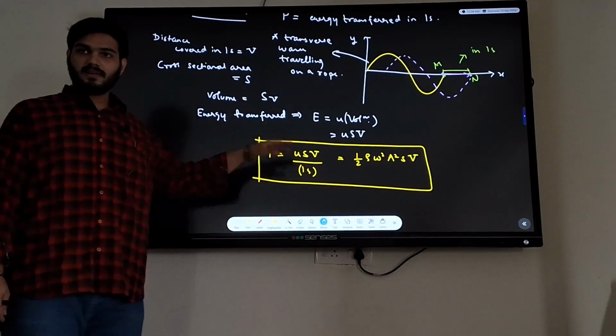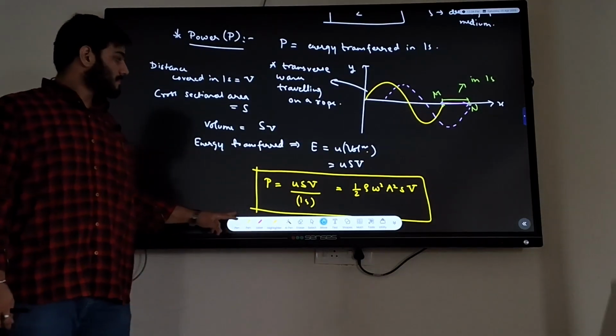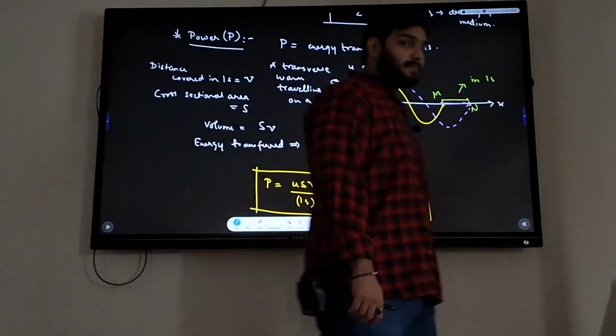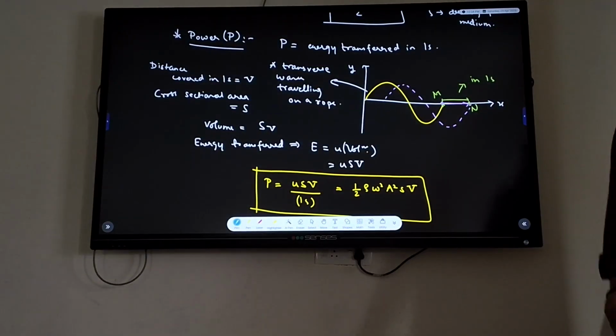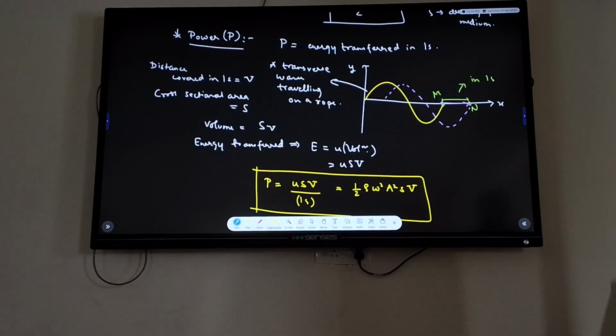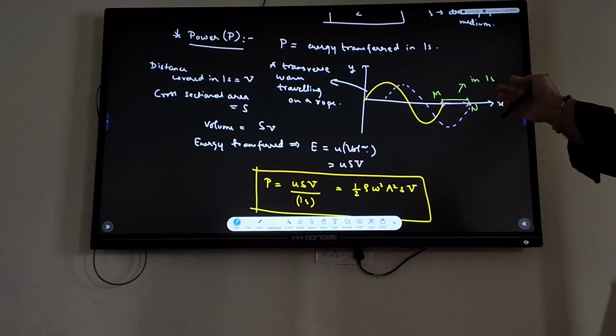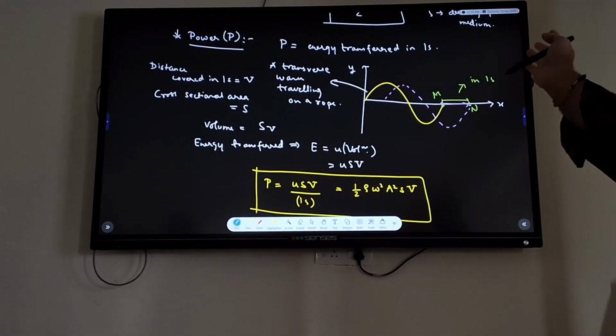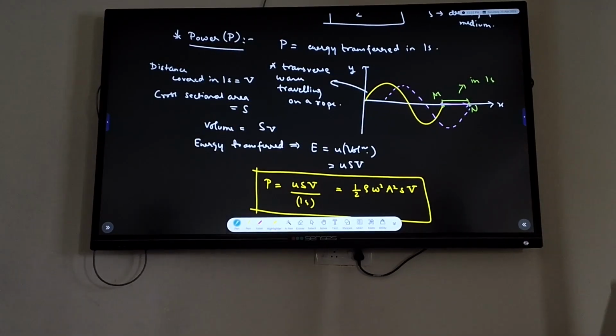Everyone has written up till here? This is the power delivered, or the energy transferred in 1 second by one oscillator to other oscillator. Please remember, even though I took a very special example of a transverse wave traveling through a rope, the formula applies even for a longitudinal wave, to any kind of wave.